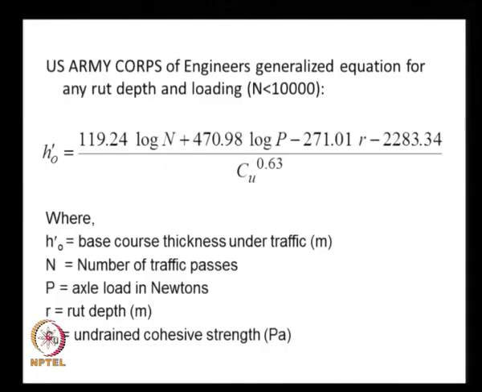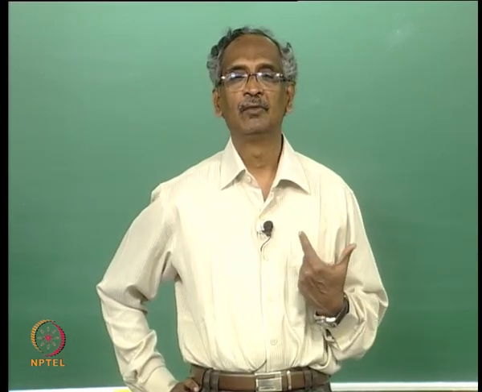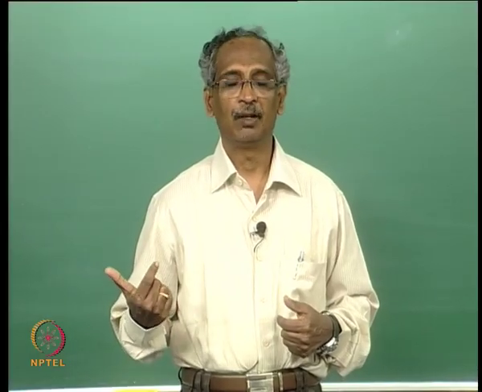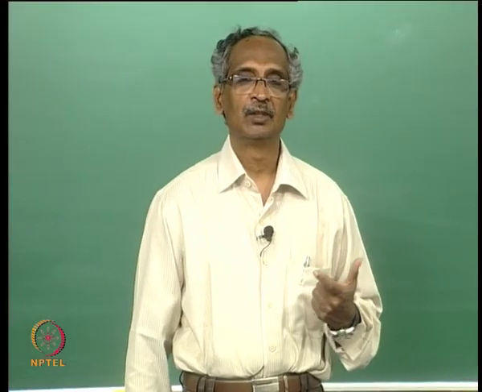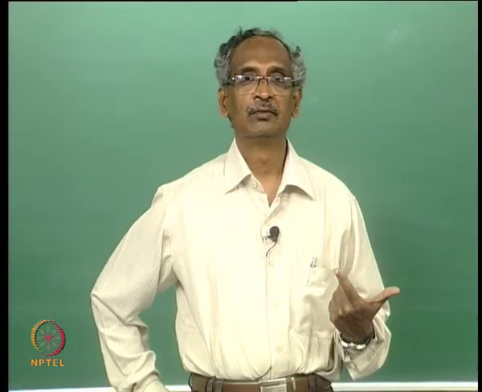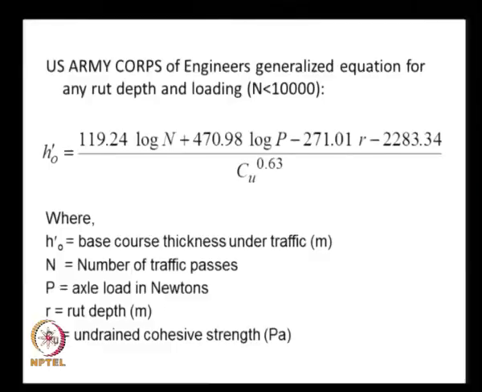And we have seen in the previous class that approximately 1 CBR is equal to 30 kilopascals or 30,000 pascals, and Cu is approximately equal to the CBR value times 30 in terms of kilopascals.